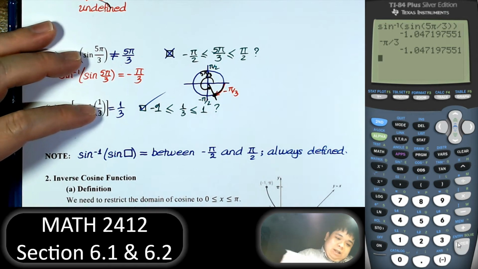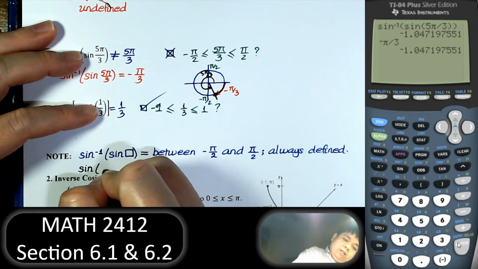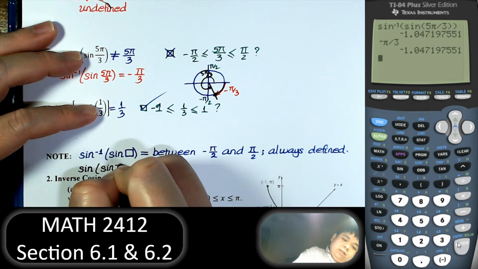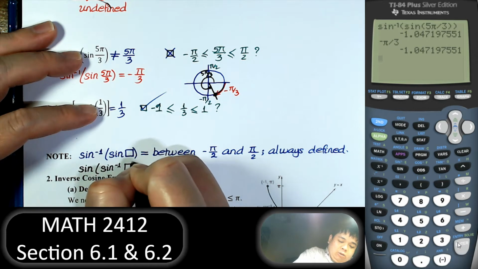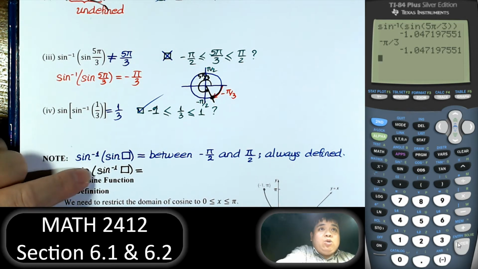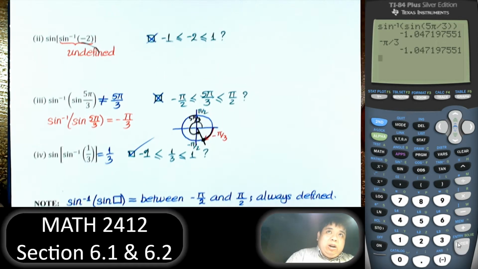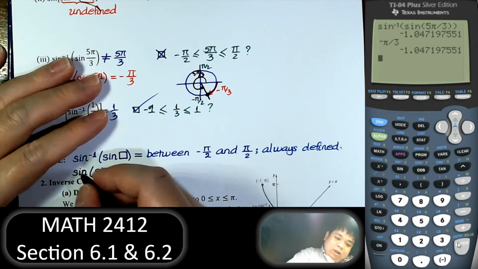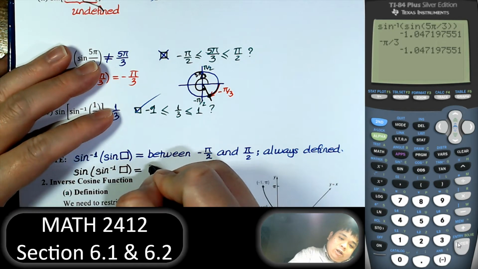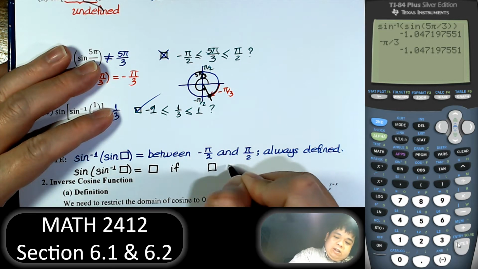And now, if we have the other way around, where we have the sine of the sine inverse of something, well, now it will cancel out if that value is between -1 and 1. So I say this one is equal to that, if whatever it is is between -1 and 1.